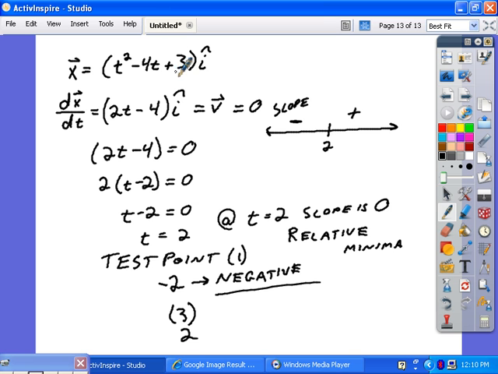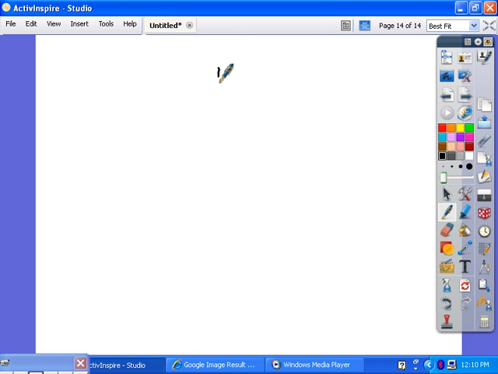Negative 4 plus 3 is positive 1. So that means that if I were to sketch a graph of this at a time of 2 seconds, I would be at positive 1, and this would be a relative minima.